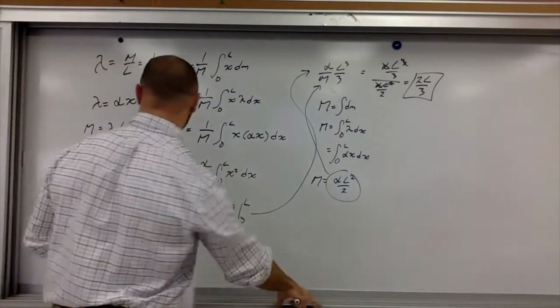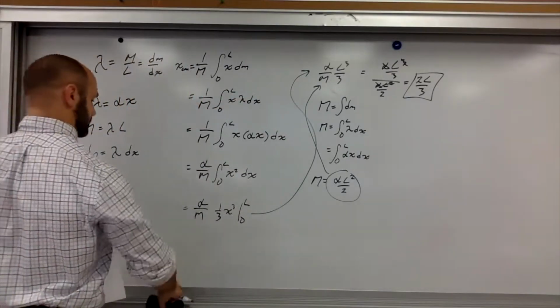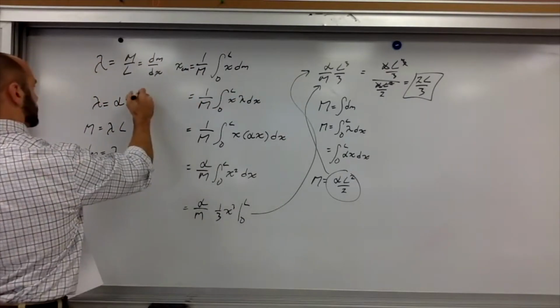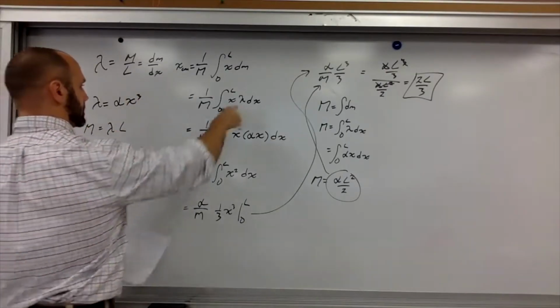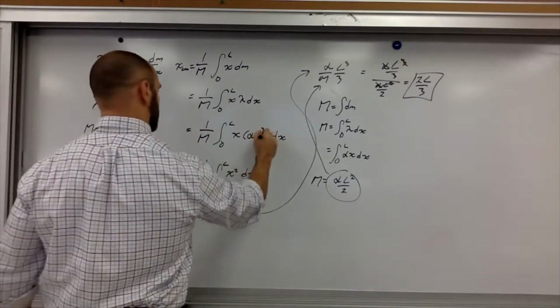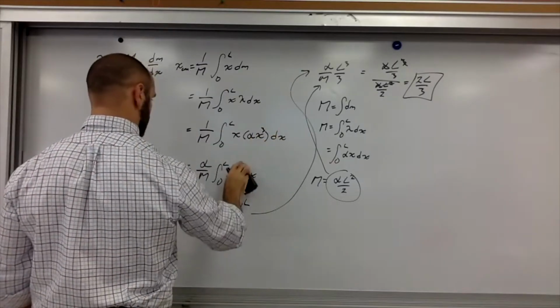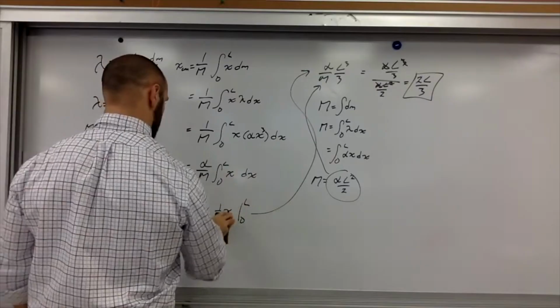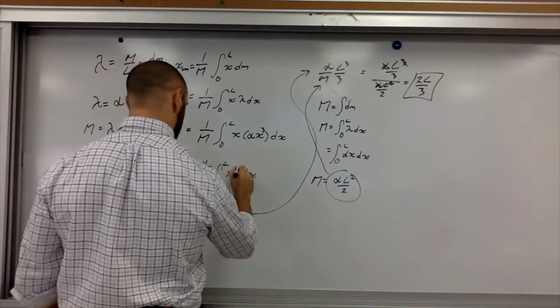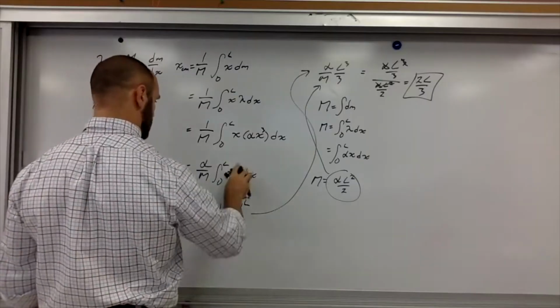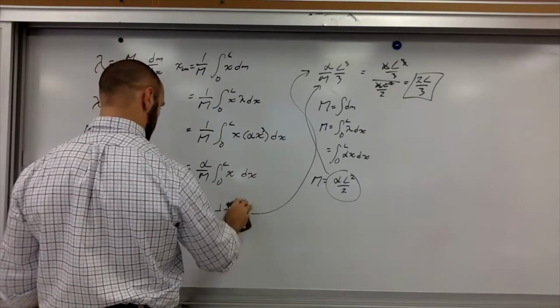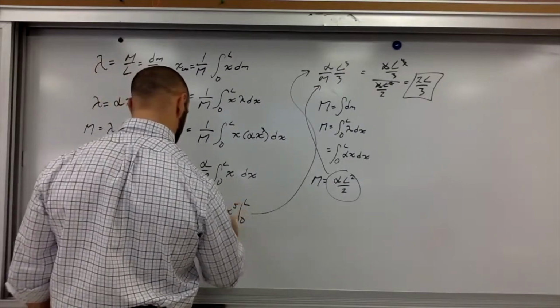But watch what happens if I change this to alpha x cubed. So this is alpha x cubed, so this is then x to the 4th. Now this is to the 4th, or sorry, 3rd, 4th. So this is going to be to the 5th.